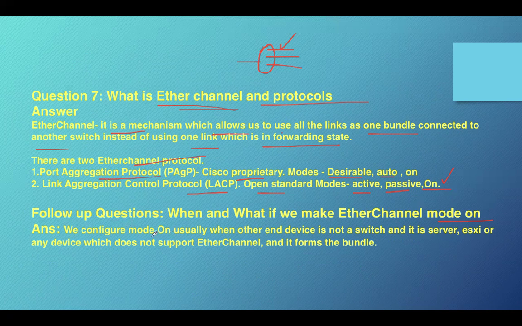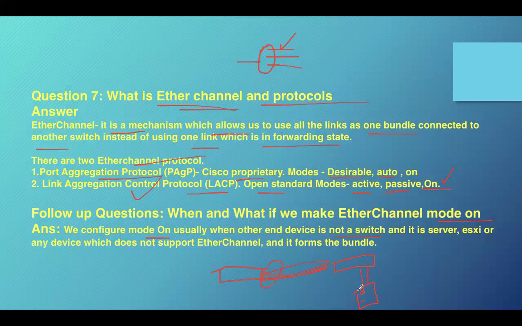We configure mode on usually when the other end device is not a switch, right? So let's say this is a switch and this is another switch, and we have three links here. If you want to bundle these three links, you would configure either LACP or PAGP protocol. But let's say here we have one server, and this server has multiple interfaces.